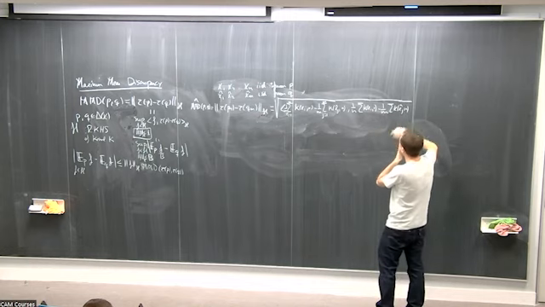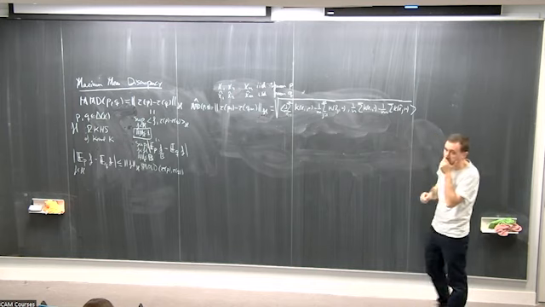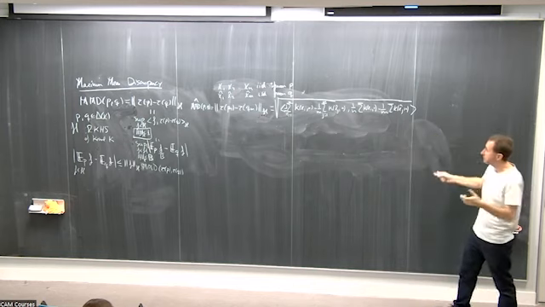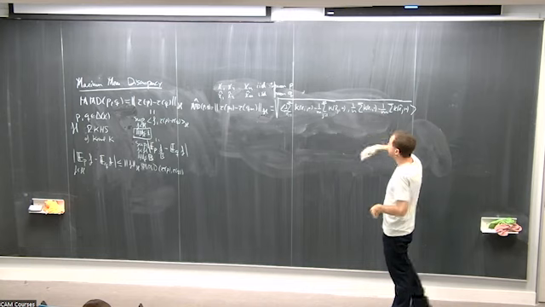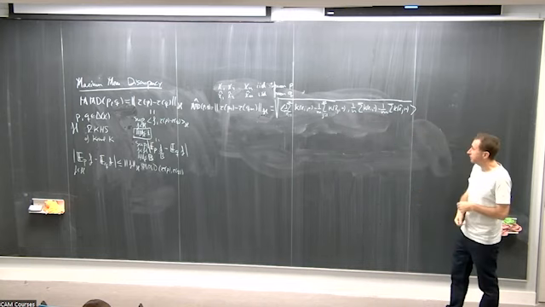Okay. Right, and I do the square root because the inner product of a vector with itself will give me the norm squared, right?